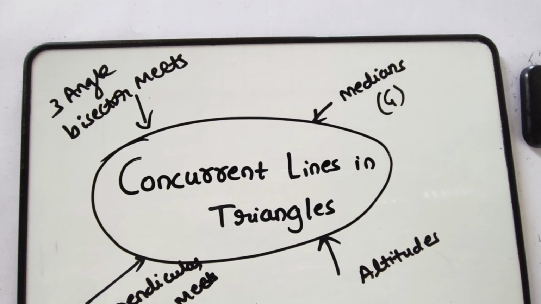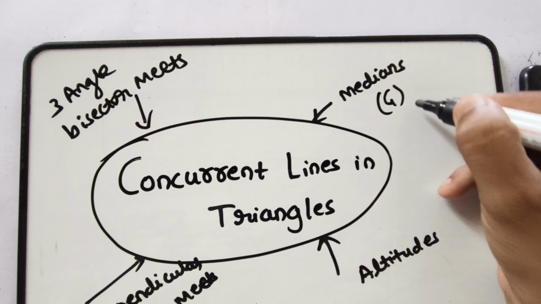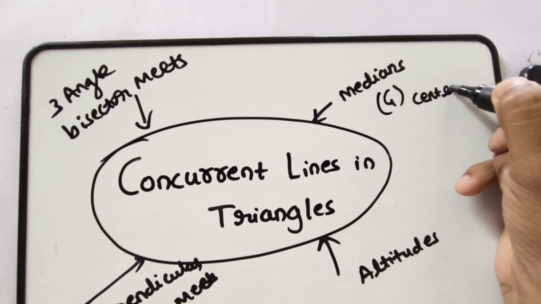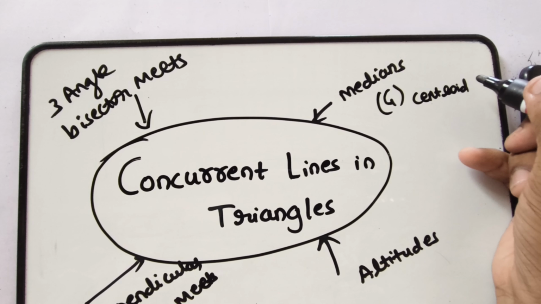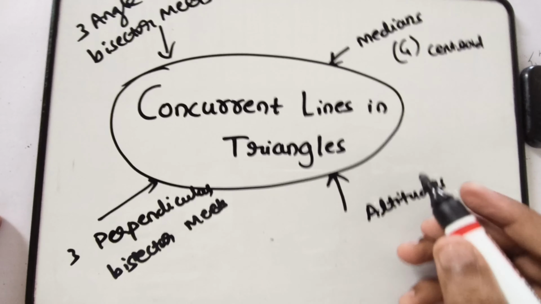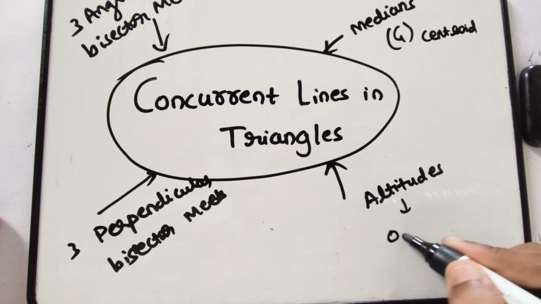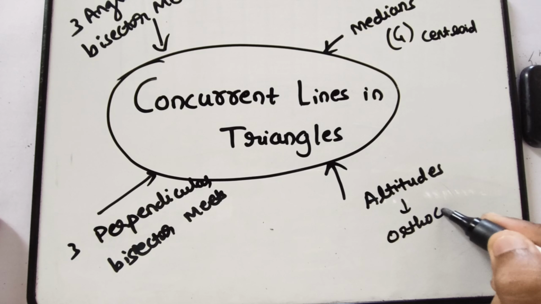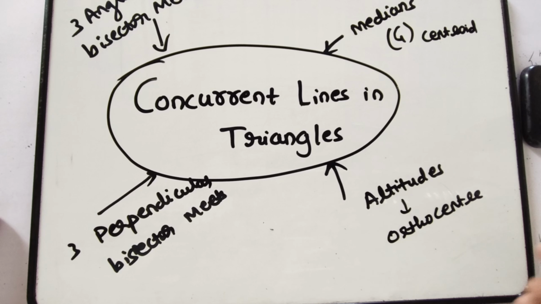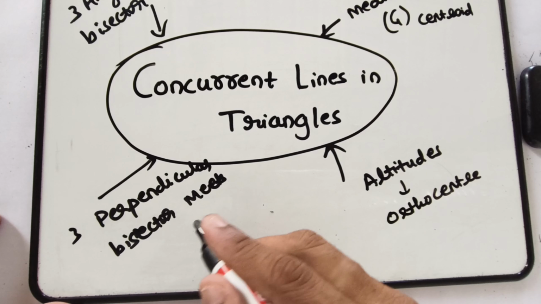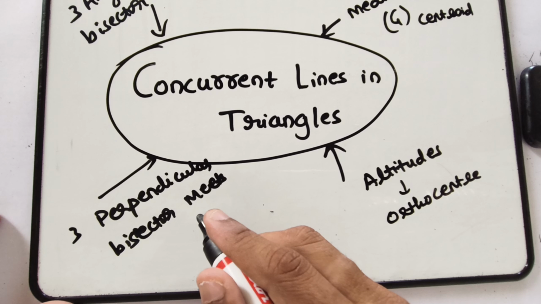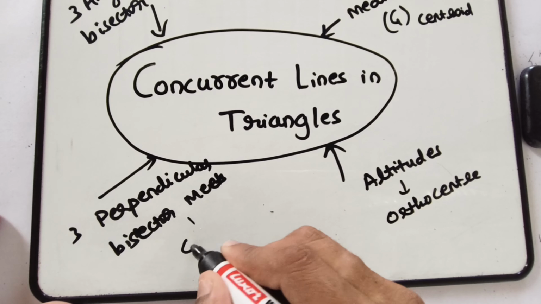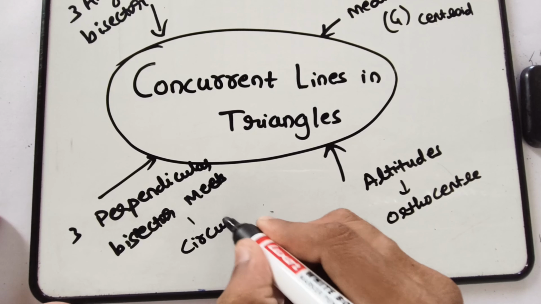The point where three medians meet is known as centroid, and the point where three altitudes meet, we call it orthocenter. And where three perpendicular bisectors meet, we call it circumcenter.